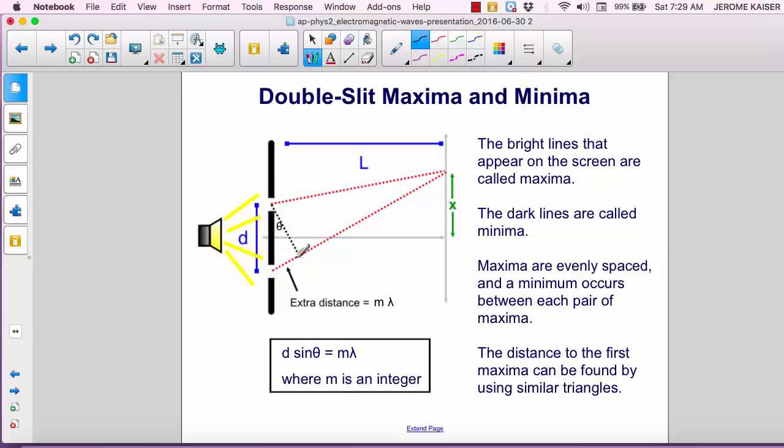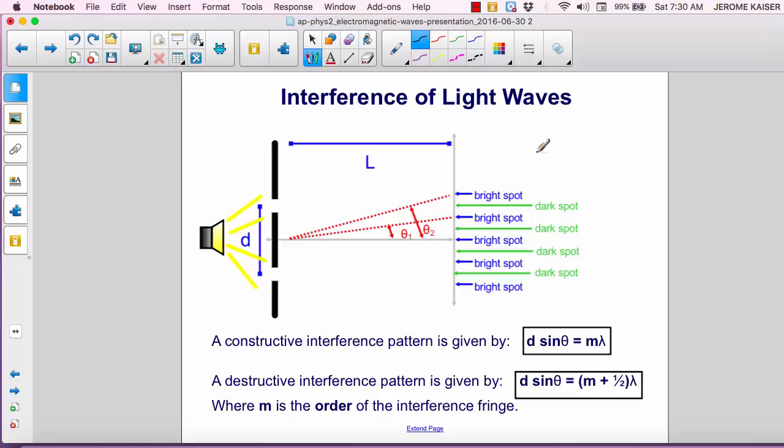That distance has to be an integer number of wavelengths if we're going to get constructive interference. So just to summarize what I think we know from the past, d sine theta equals m lambda, where m is an integer. So as we discussed in the last slide, a constructive interference pattern will occur when d sine theta is equal to m lambda.